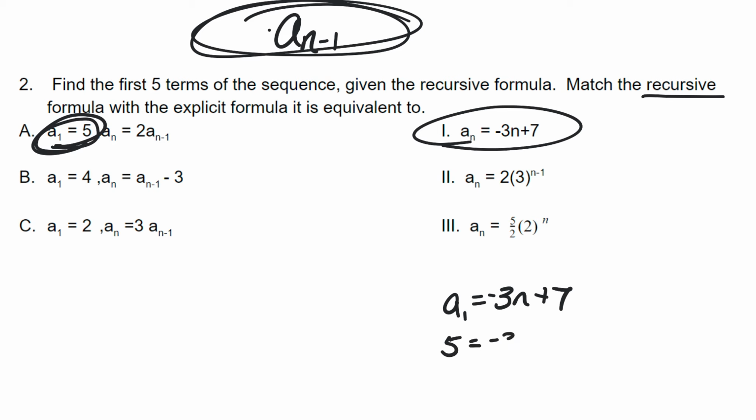So when I plug in the number 1, because remember we replaced n with 1, we see that this ends up being negative 3 plus 7, which is not 5. So this does not work for the first equation.